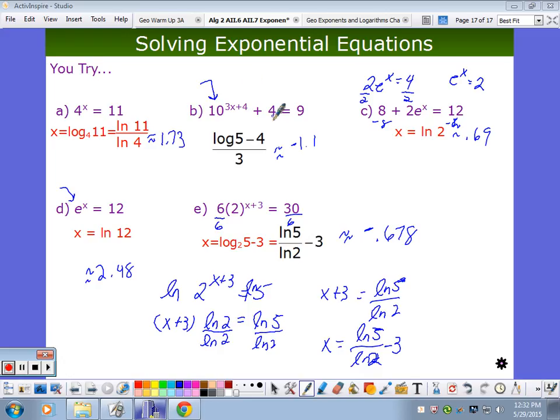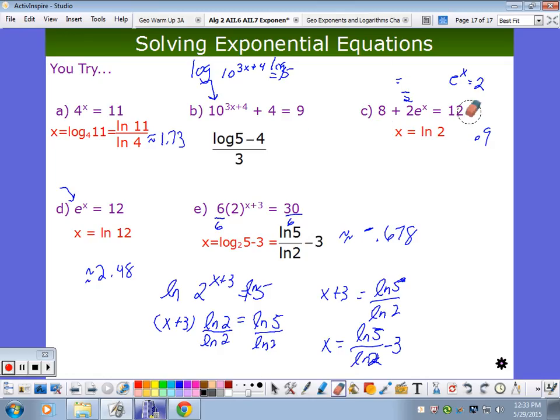All right, big. So first thing you do is subtract that guy. So 10 to the 3x plus 4 equals 5. I just did subtract that. So far so good? All right, so I'm going to take log base 10 of both sides. So that means 3x plus 4 times the log base 10 of 10 equals log of 5.